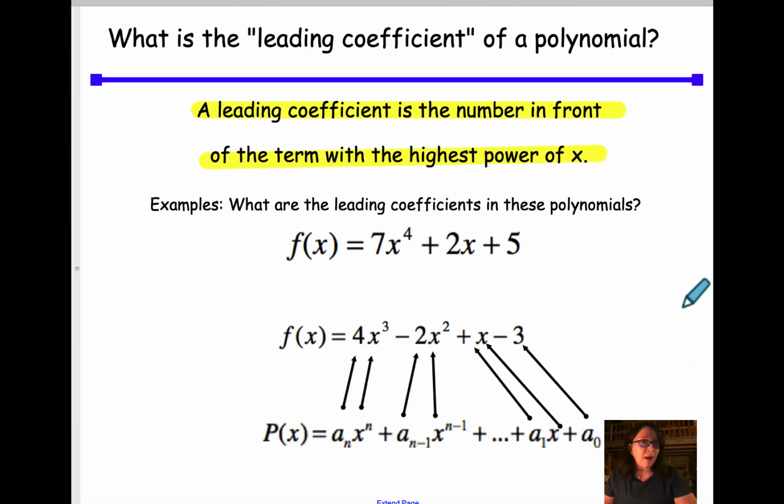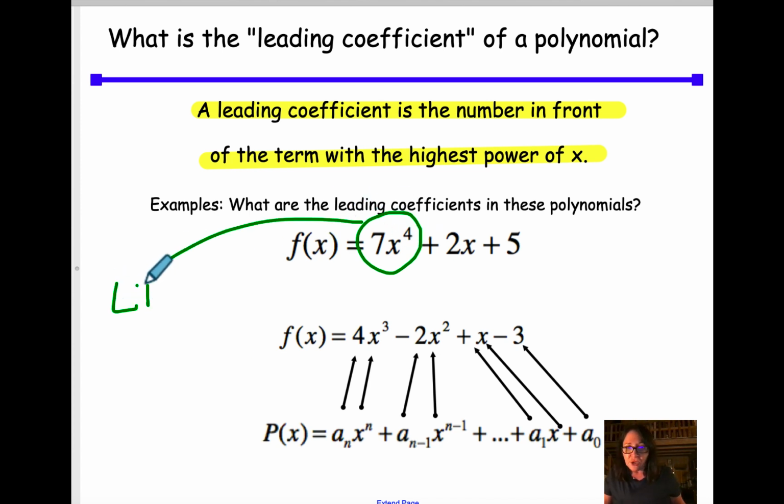Okay? So the leading coefficient has all the power. You've got to find the highest power. So in this case, the leading term in this problem on top is 7x to the 4th. But my leading coefficient, my LC, is actually just the value of the number in front, okay?